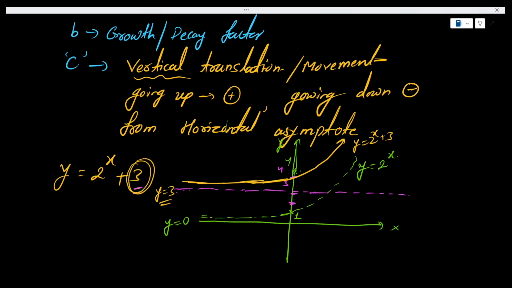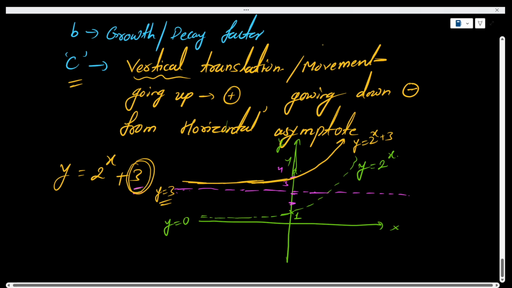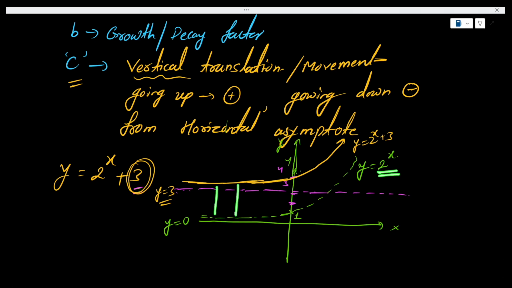Remember this: if there is a plus c, that becomes the new horizontal asymptote instead of y equals 0. This means every point on the actual 2 to the power x graph has moved 3 units up. Every corresponding point has moved 3 units up.